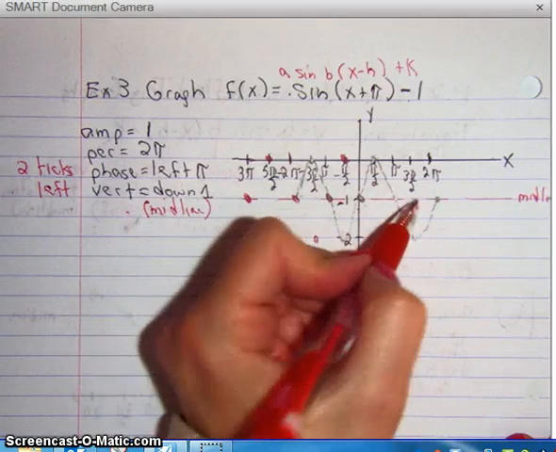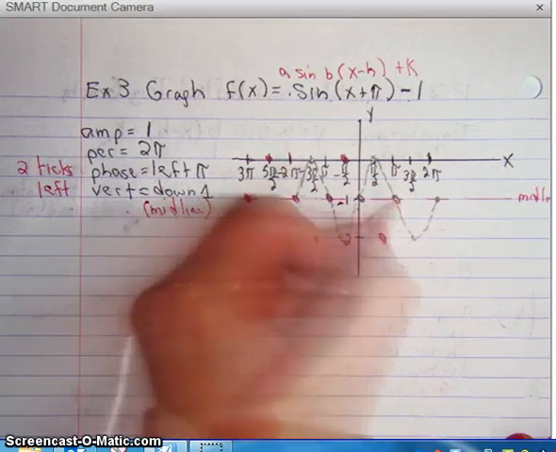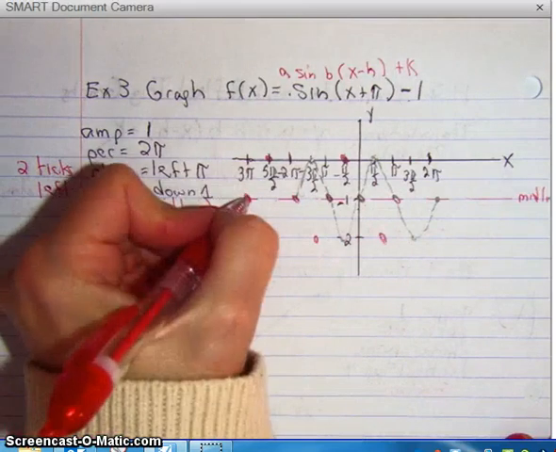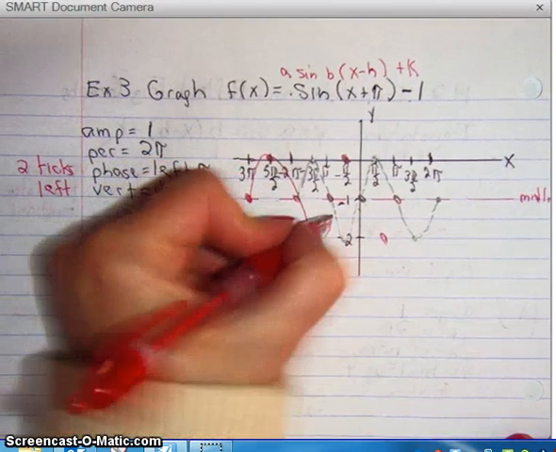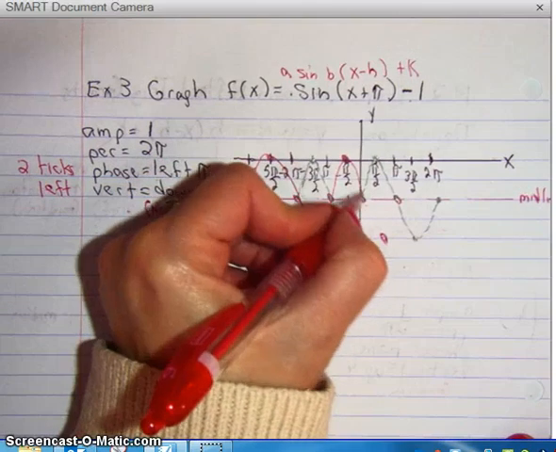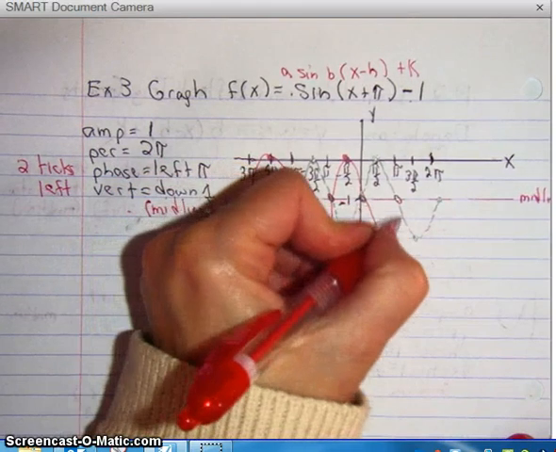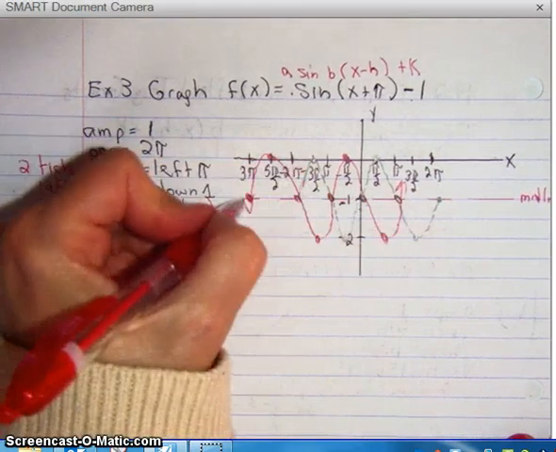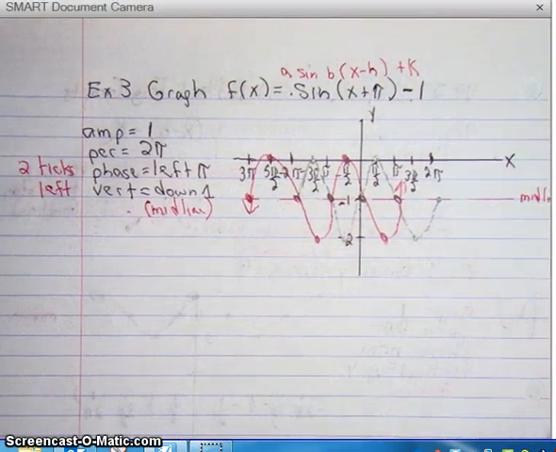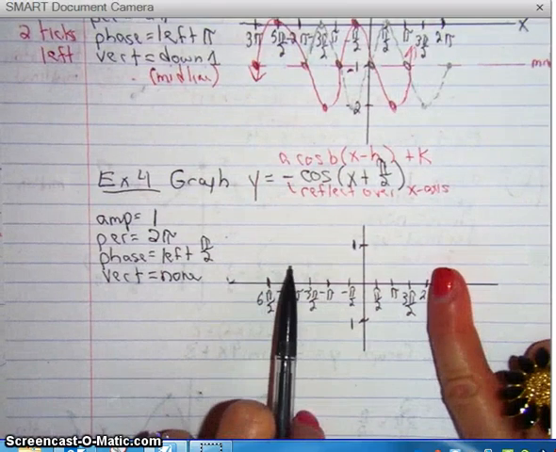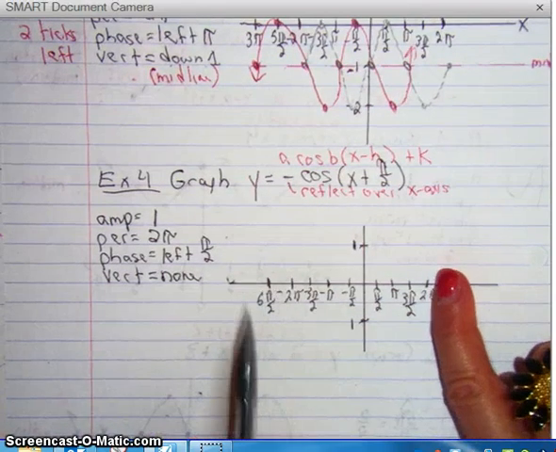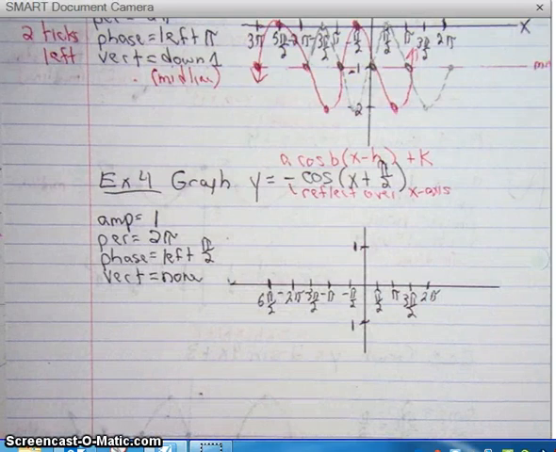This point, 1 tick, 2 ticks. Ta-da. So that's negative 2 pi to 2 pi, but then we're going to shift everything pi over 2 to the left.